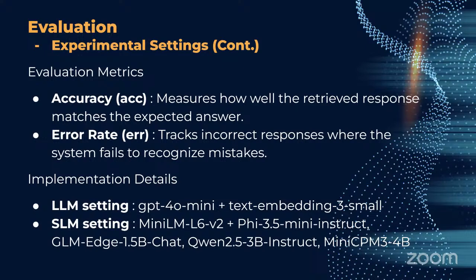We tested with different models. Some, like GPT-4 Mini, have more power, but need more storage. Others, like MiniLM-L6-v2 and Phi-3.5 Mini Instruct, are lightweight, but might struggle with accuracy.